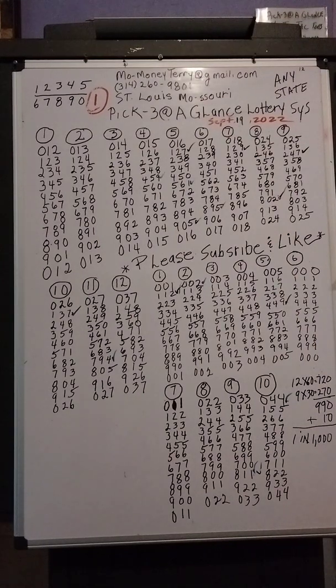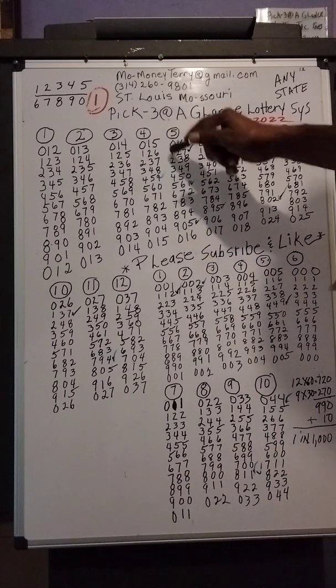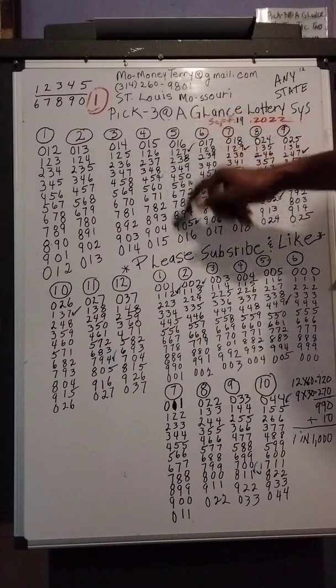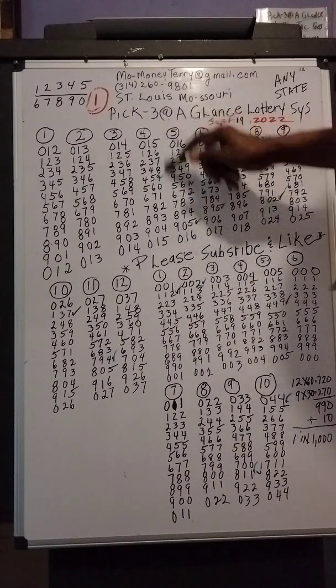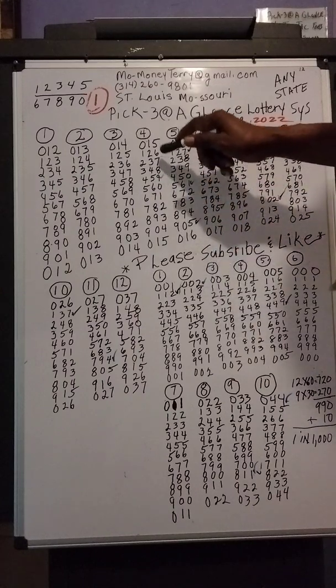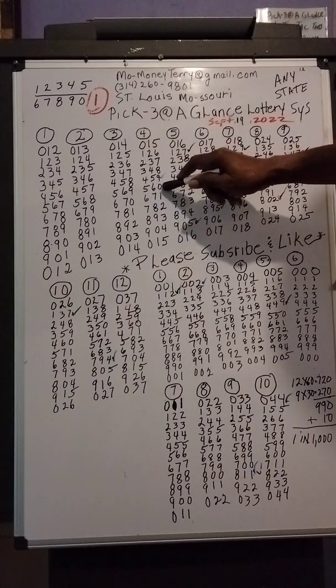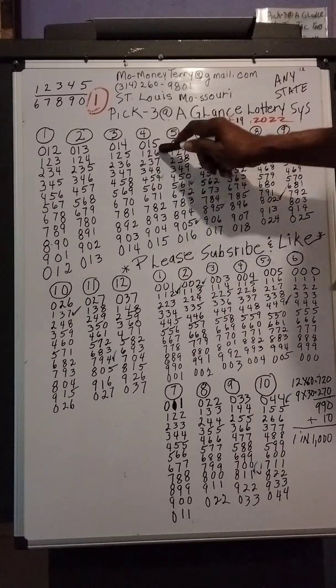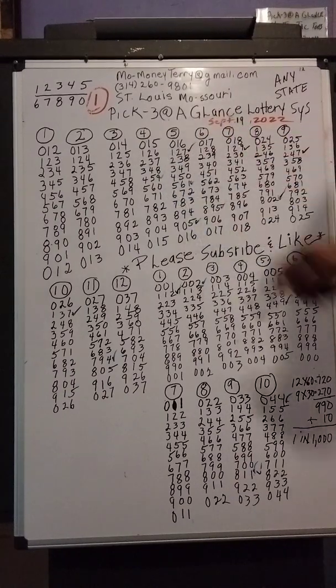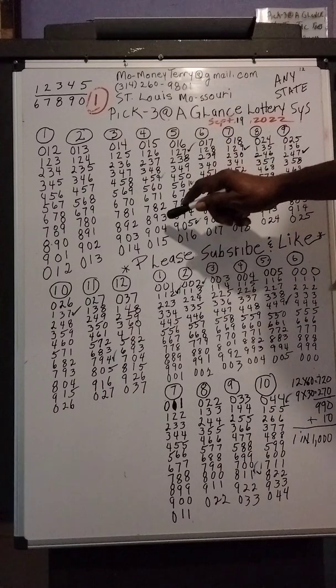Okay? Now, say I found a column that hasn't fallen for 3 months out of the year, and that could happen. Say this 015 and its opposite of 560 didn't fall. I'm going to play those 2 numbers, because by the law of averages, one of those 2 is going to come out. Or you might find 4 of them.